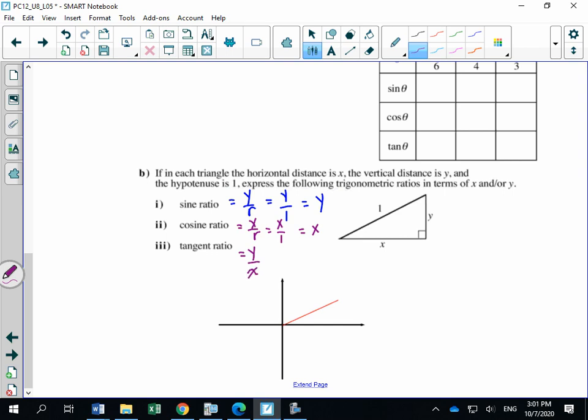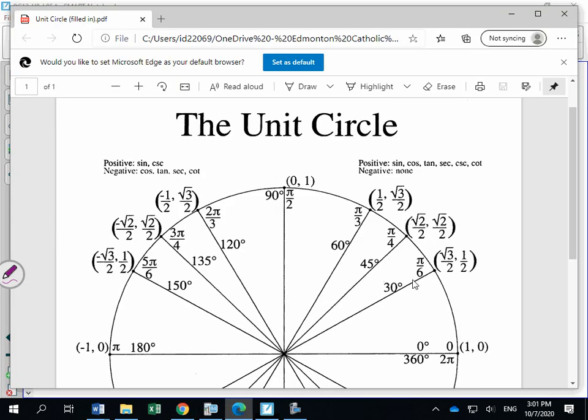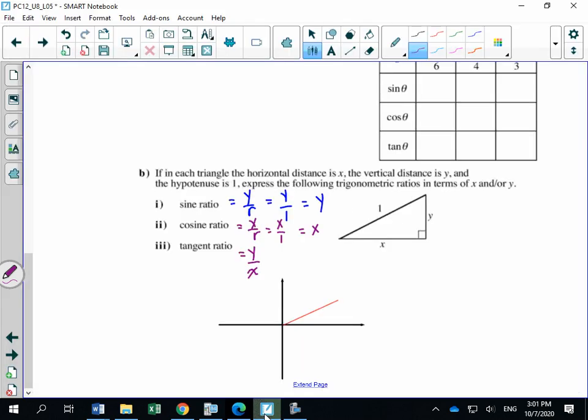Okay, so here's what I mean. Let's say I said to you, locate pi over 6. So on the unit circle, here is pi over 6, and here are our coordinates, root 3 over 2 and 1/2. So let's write the coordinates for pi over 6.